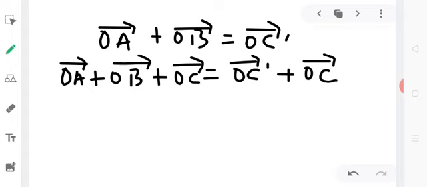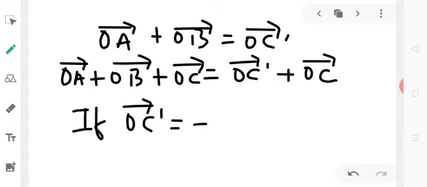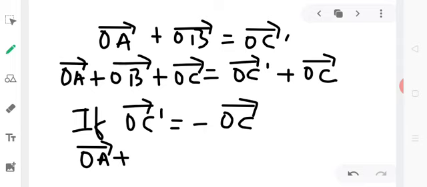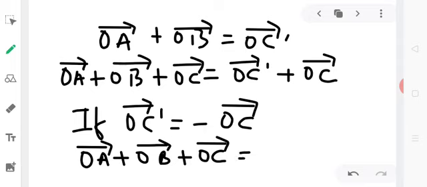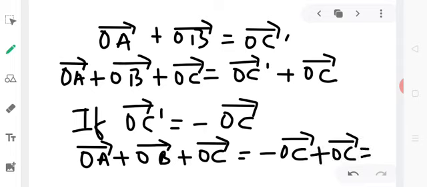Now, if OCʹ is equal and opposite to OC, then OA plus OB plus OC will be equal to minus OC plus OC vector, that is equal to 0.